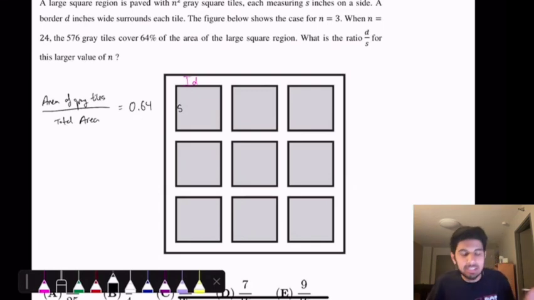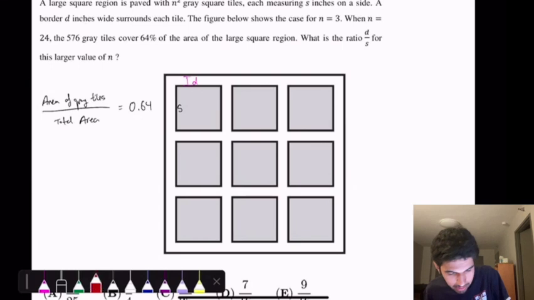Okay, so what's the game plan here? We don't know what d and s are. We're going to have to somehow solve for them. And the only piece of information we have is this little fraction that we created here. So perhaps we can come up with formulas for the area of the gray tiles and also the total area that involve d and s, and then somehow solve for d over s from there. So the area of the gray tiles. Well, all of the gray tiles have the same area.